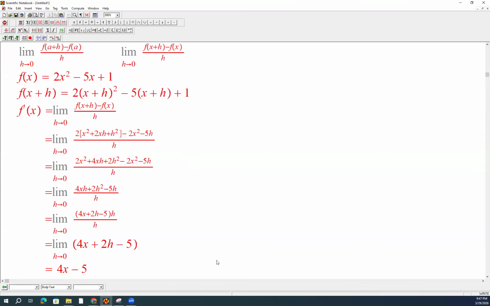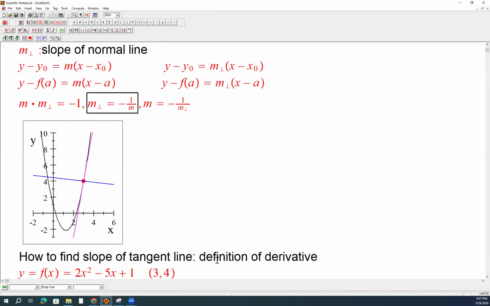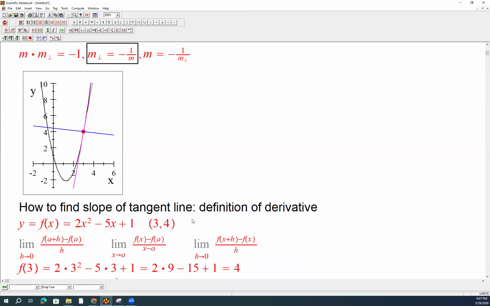So we have talked about all these different ways to find the slope of a tangent line. Okay, number 1 is to use the formula with a being given as a numerical value, or the second way with a given as a specific value.